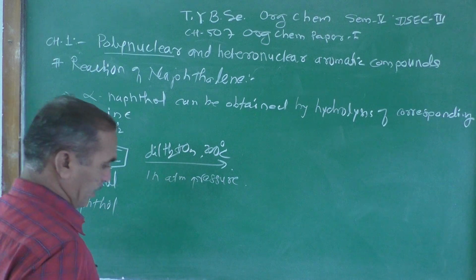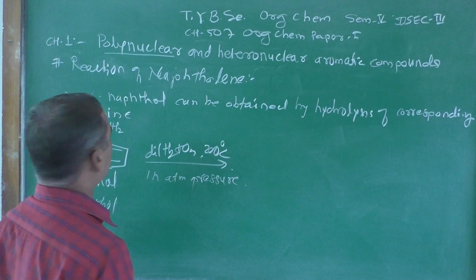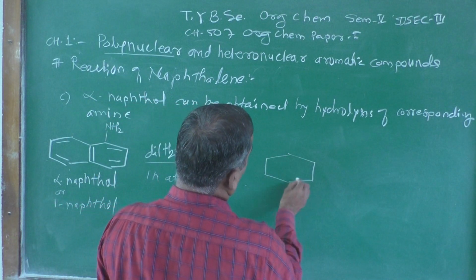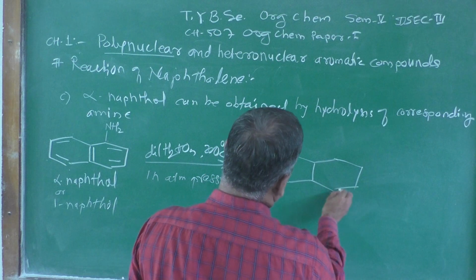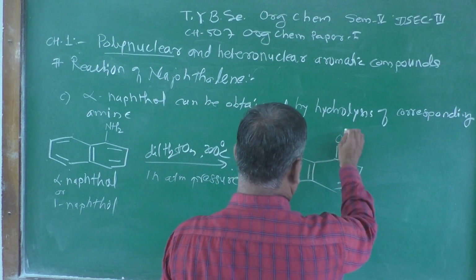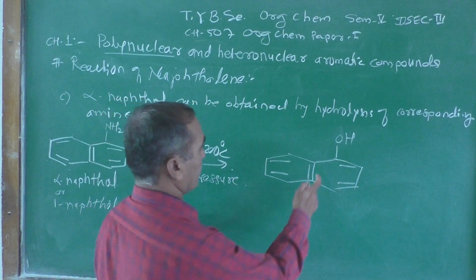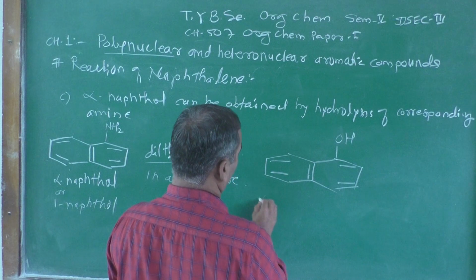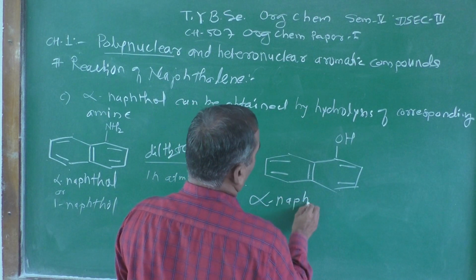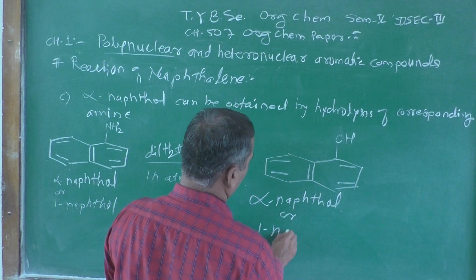After keeping these reaction conditions, the resulting compound obtained will be this one. At the alpha position there is a hydroxy group, so we can say it is alpha naphthol, or 1-naphthol.